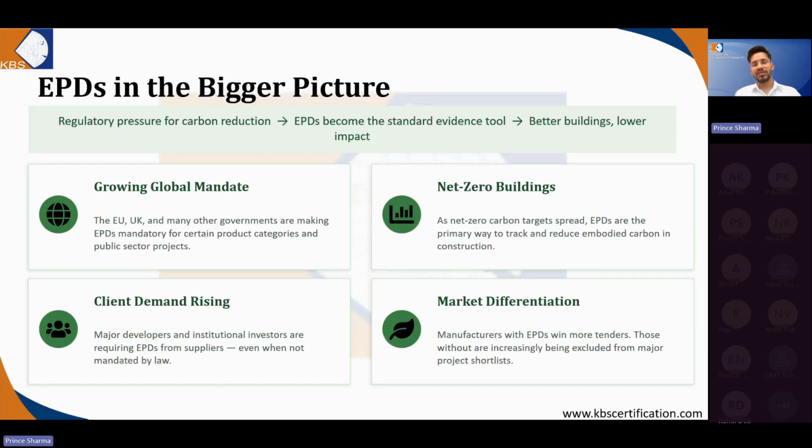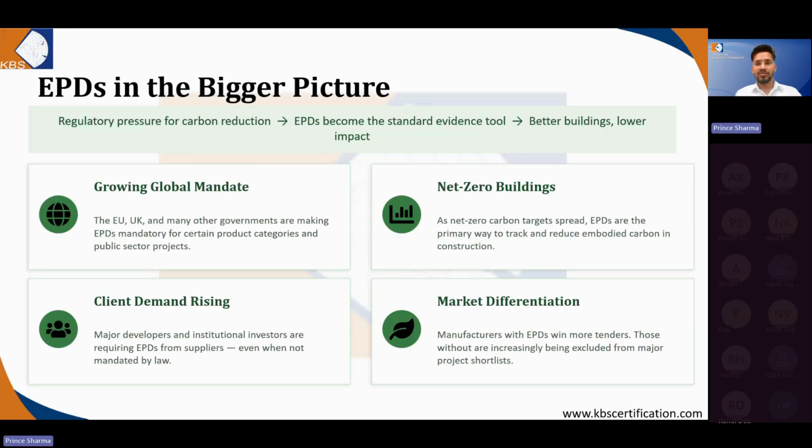Every manufacturer, or most manufacturers who want to expand in the market, sell more, and take more tenders, are always going for EPDs, or trying to publish their EPDs, because it takes nothing from you but gives you a lot of opportunity, not just in India but outside India as well. If we talk about the world, then not just in your country but globally as well.